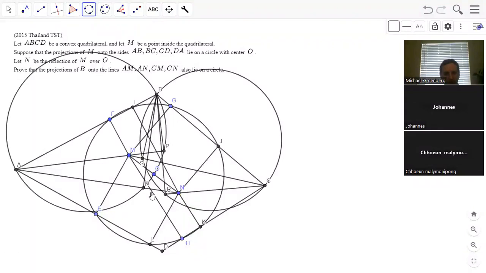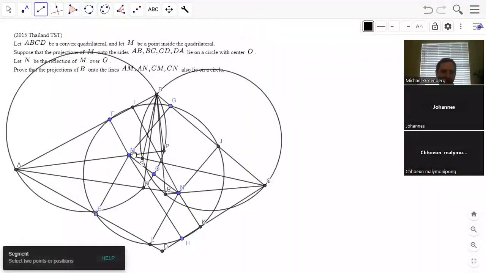And then we want to show that NDB is NDB, right? That's step 2. Wait, what is the angle condition?